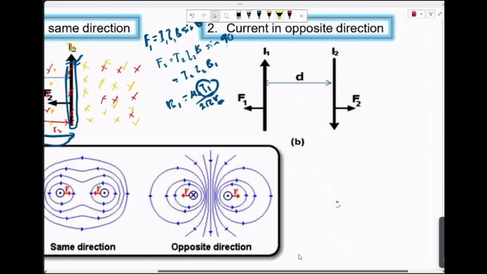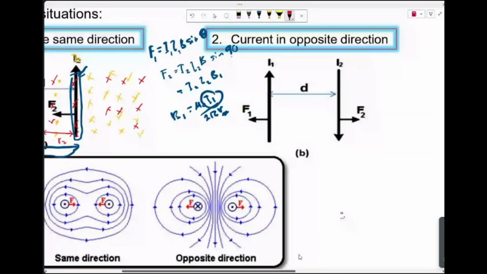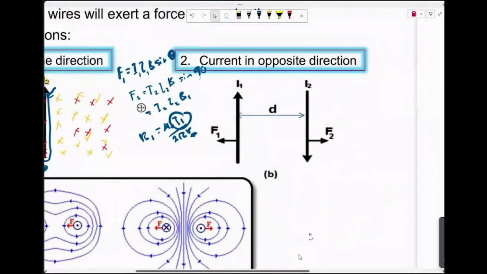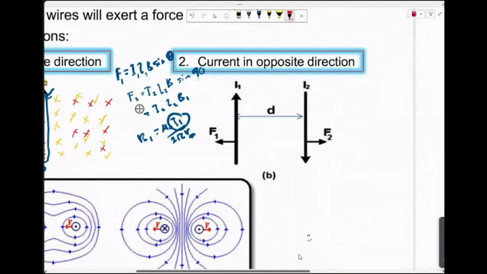I will do this one immediately. So this is I1, the magnetic field. Use your right hand grip. So the left side of I1, the magnetic field will be outward.